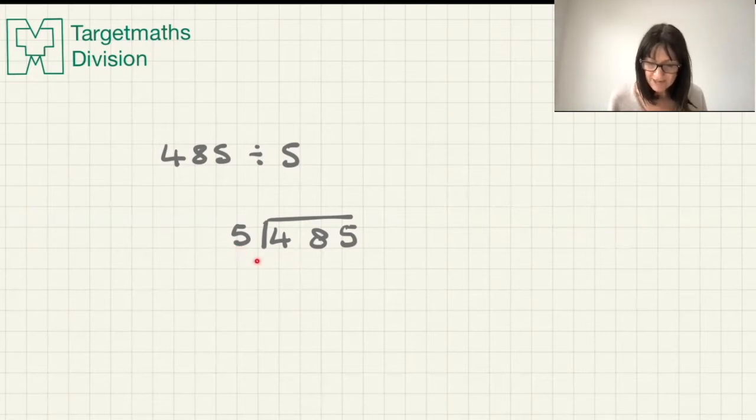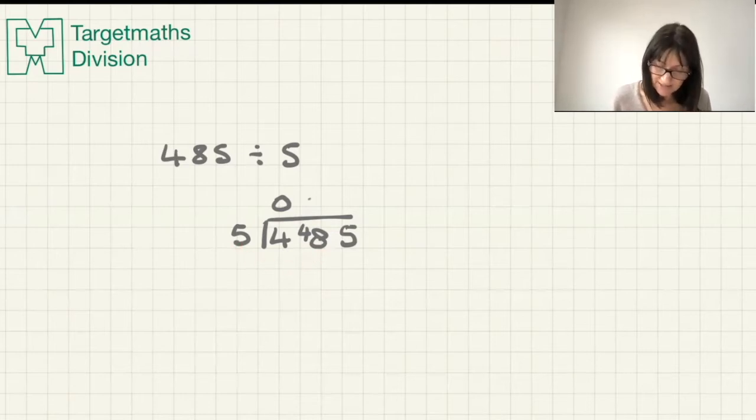How many 5s can I get into 4? None. So I'm going to show that by putting a 0 up. But that means I haven't used any of the 4 yet, so I'm going to carry those 4 on to the next number. I'm now not talking about how many 5s I can get into 8 because I've created 48. So how many 5s can I get into 48?